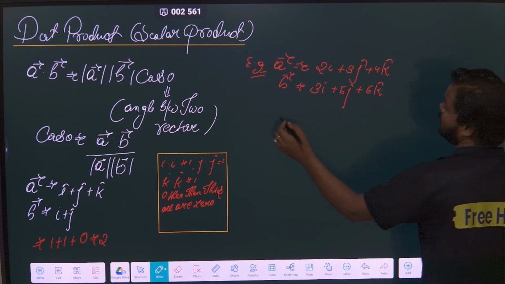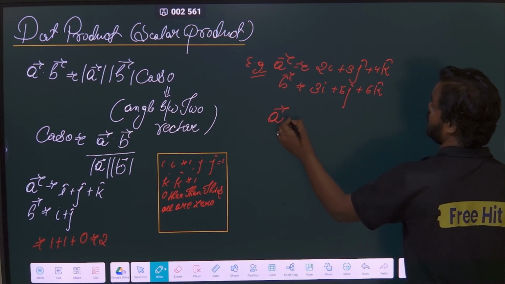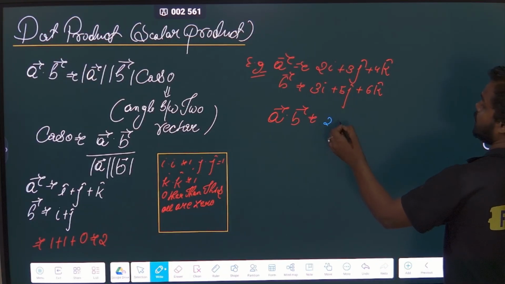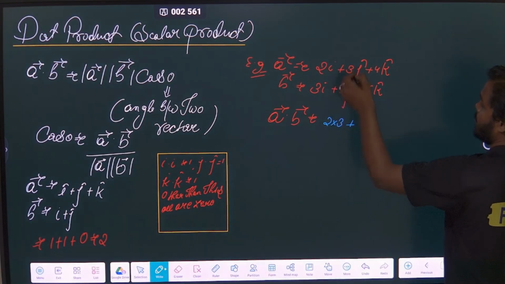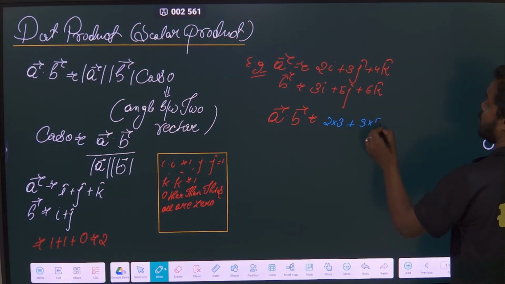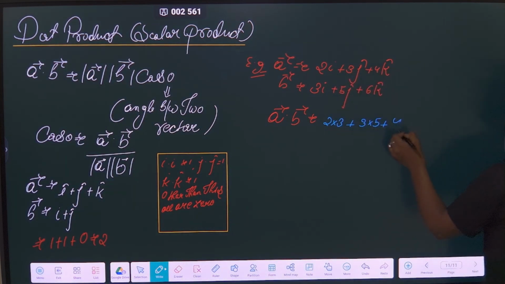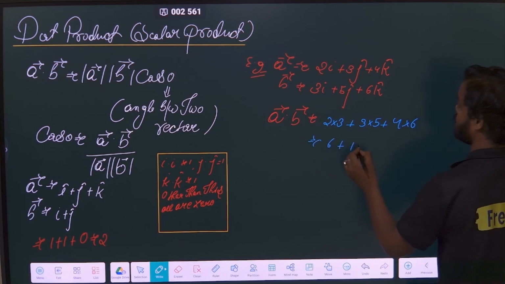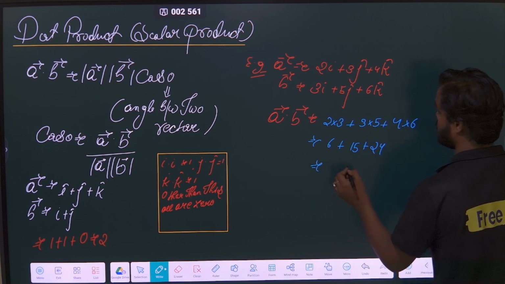You have to find A dot B. So what you will do? I component with I, that is 2 into 3 plus 3 into 5 plus 4 into 6. So this will become 6 plus 15 plus 24. How much will you get? That is 45.